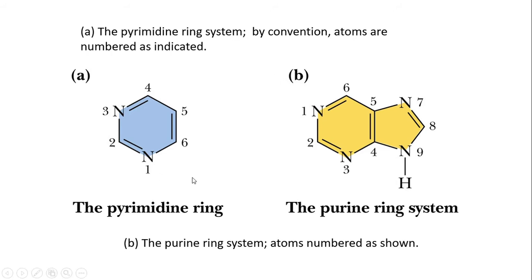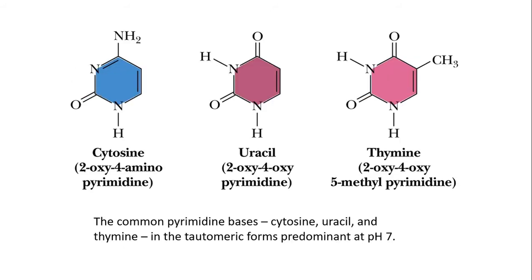Another way to keep this straight in your mind, I think, is pyrimidine. We've got a single ring, so it's a smaller structure. Purine, larger ring: small name, larger ring, 2 rings in the structure. So these are the pyrimidines, cytosine, uracil, and thymine.